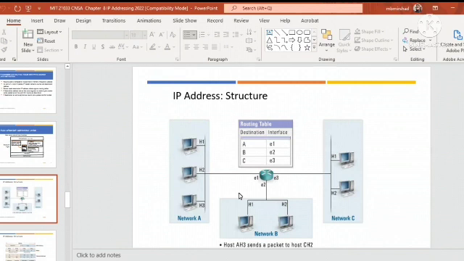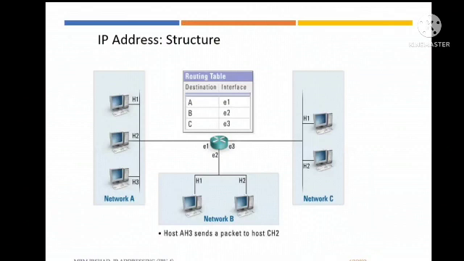Host A H3. Where is the host A H3? So this is A H3, network A, host H3. It sends a packet to host C H2. Where is C H2? This one.